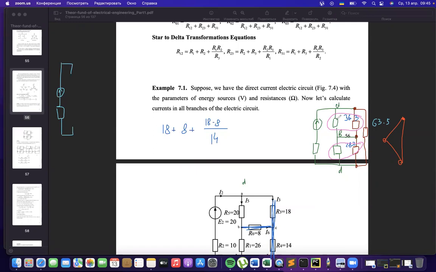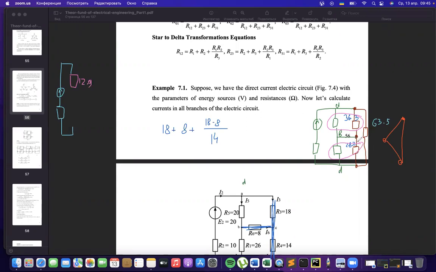And then instead of these two will be the formula for parallel connection, 36.3 multiplied by 20 and divided by their sum. It will be 56.3, almost 13. It will be 12.9.